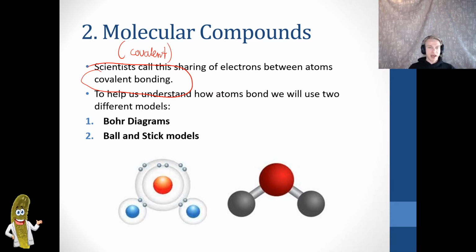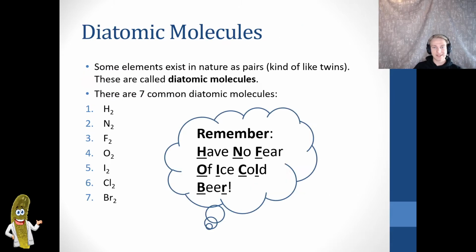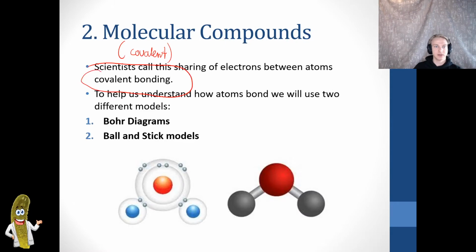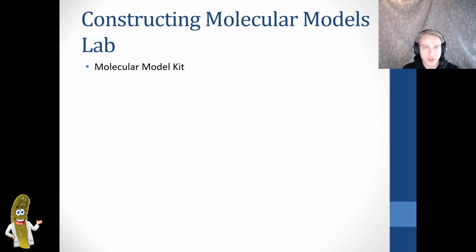And for the way that atoms bond, there are two different models that we'll use to describe them. One is Bohr diagrams, which we have experience with, and the other is ball and stick models. Do I have a blank slide? Yes, I do. Okay. So we're going to do the most simple example that we can do, which is H2O.